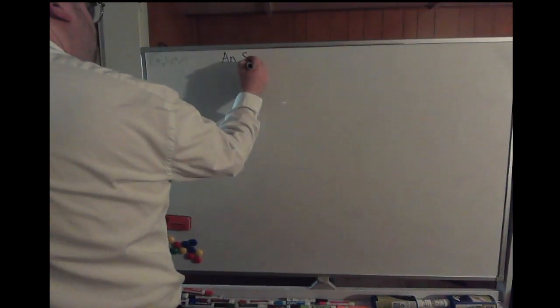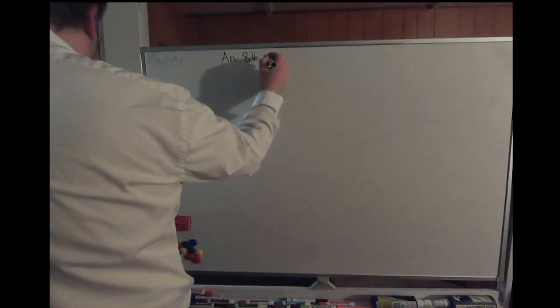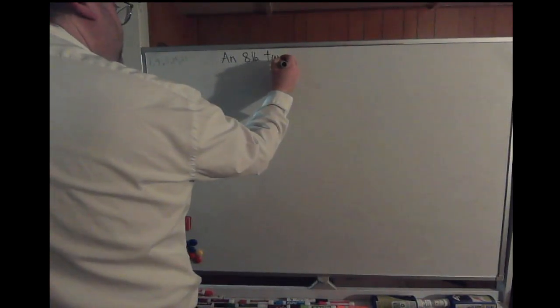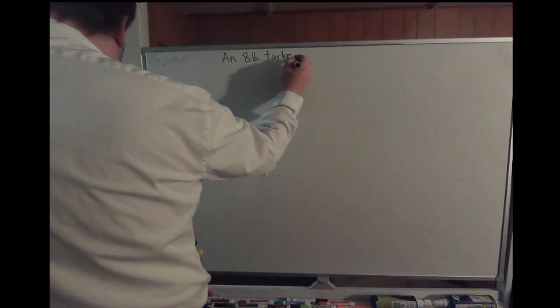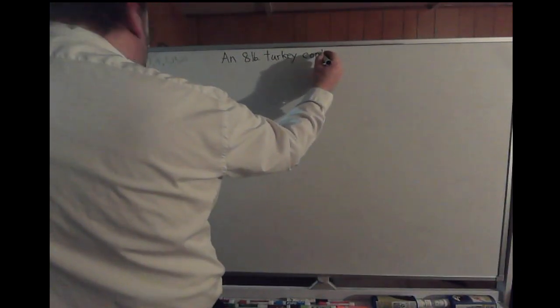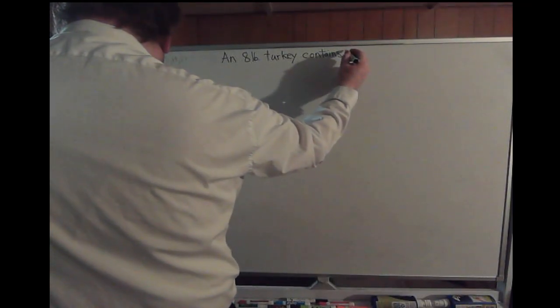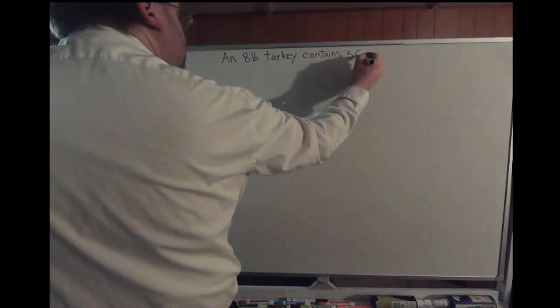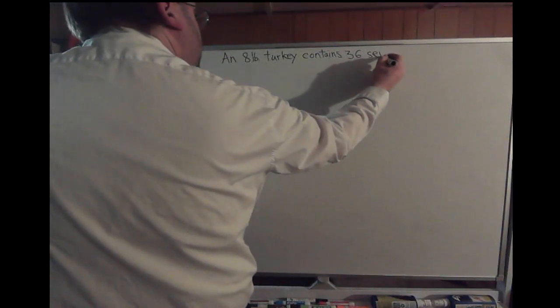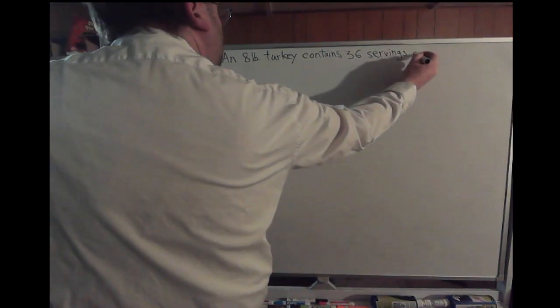An 8-pound turkey contains 36 servings of meat.